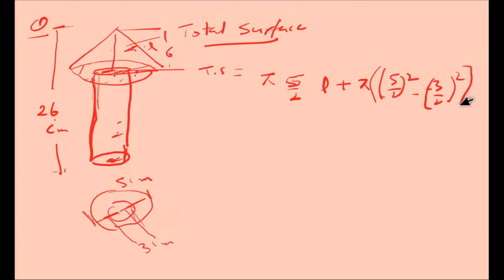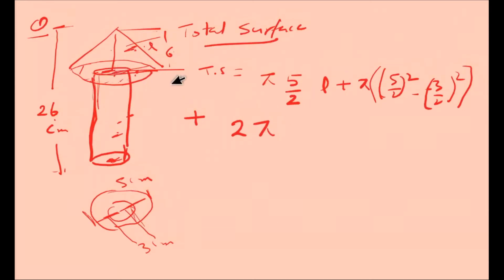Right, area of ring. Now plus curved surface of this cylinder, that is 2 into pi, and what is the radius here?